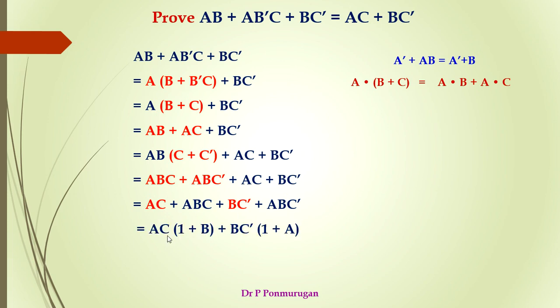If you take AC as common, it will be 1 plus B, and if you take BC bar as common, it will be 1 plus C. Alright. So now by x plus 1 equal to 1, using this law, we can reduce this expression to AC plus BC bar. Hence it is proved. So this will be the reduced form. The given expression is proved by this.